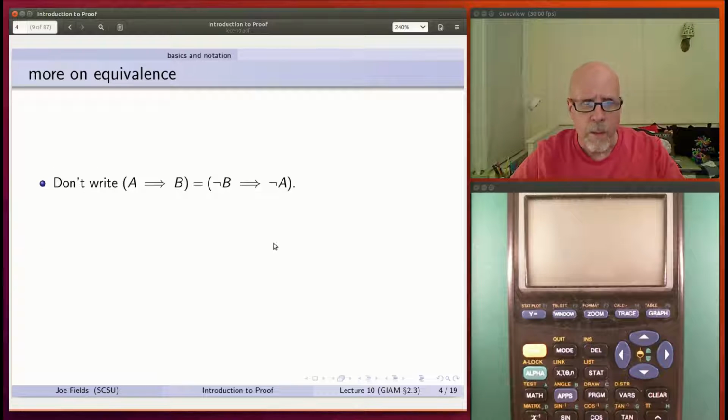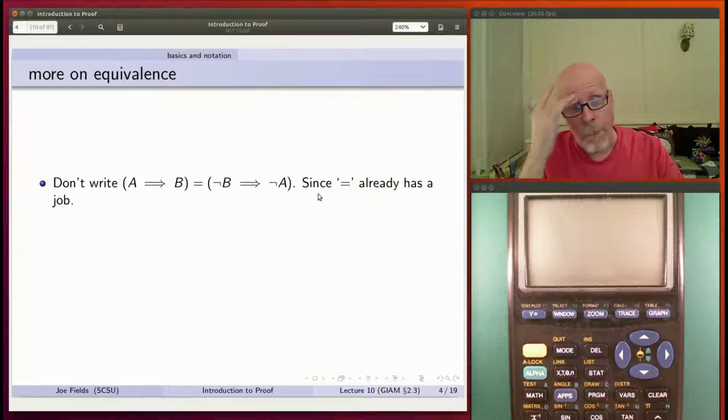The thing to take away from this is you don't want to be writing something like A implies B is equal to not B implies not A. Why? Because the equal sign is already for something else. You put equals in between two numerical values that are equal. We actually already overload that operation quite a lot.